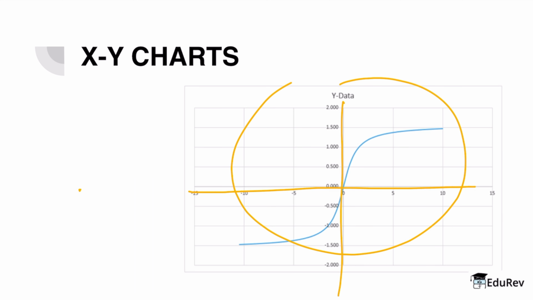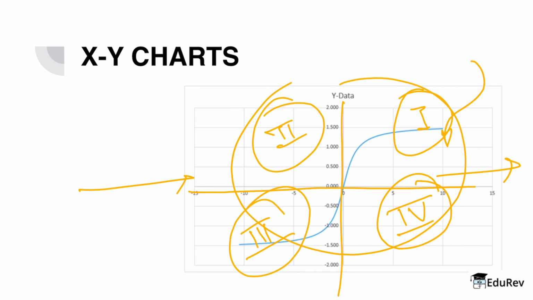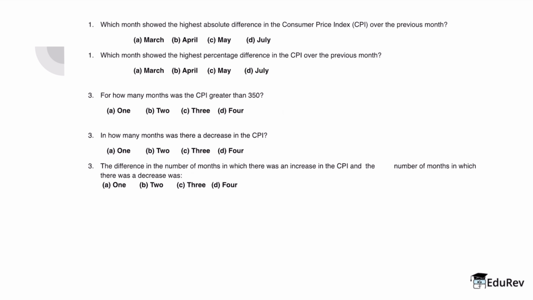Abscissa, ordinate, negative infinity to infinity, the first, second, third and fourth quadrants, then positive and negative signs, and then we talked about the consumer price index questions.